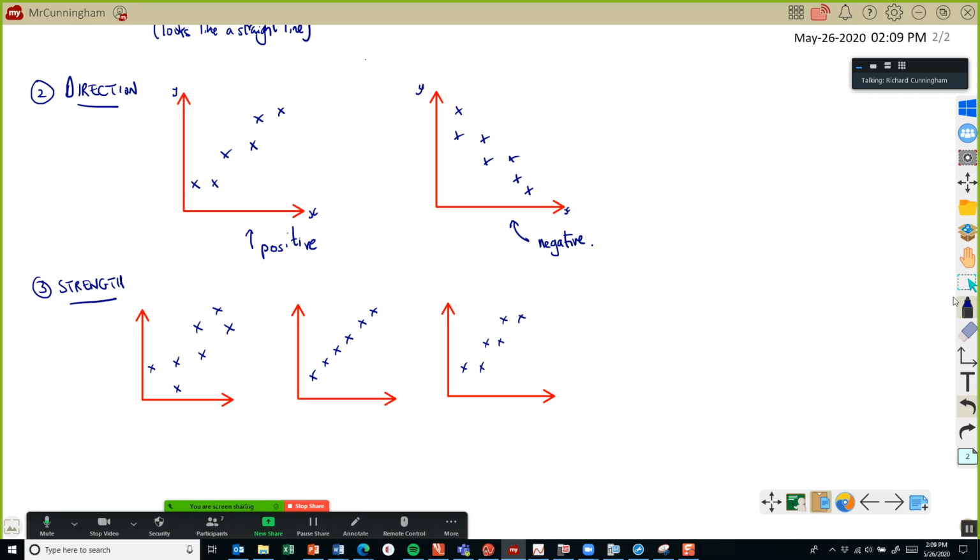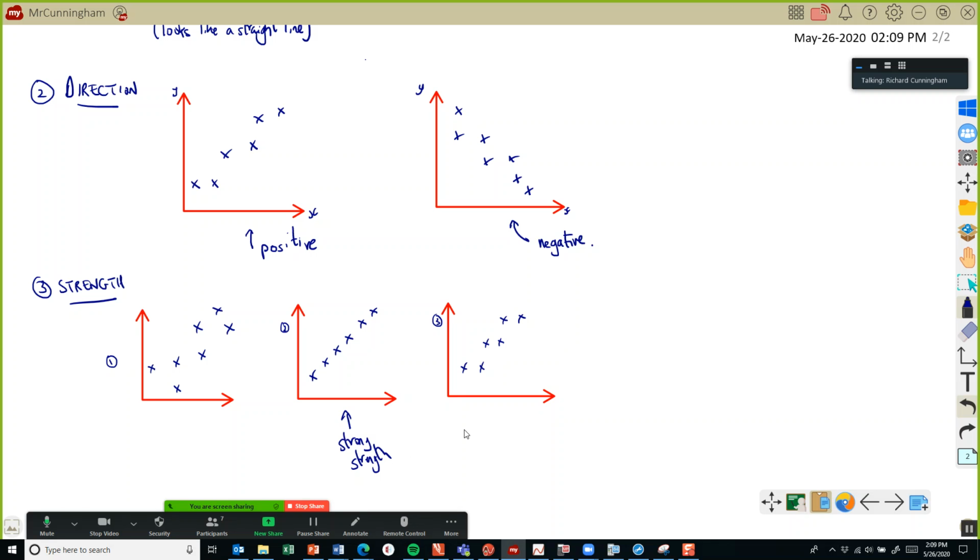So these are all positive. But if I number them 1, 2, 3, which one would you say is the strong strength? 2, because they all look like they're in a straight line. Okay, so this is strong strength. Which one would you say is a weak strength?